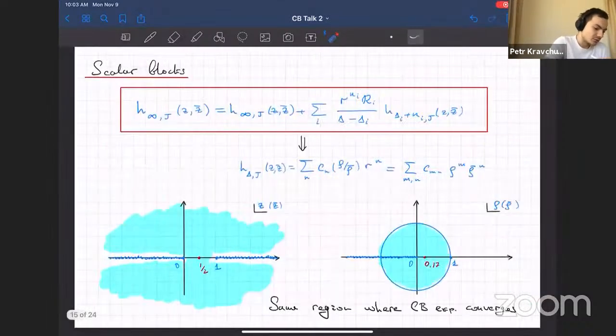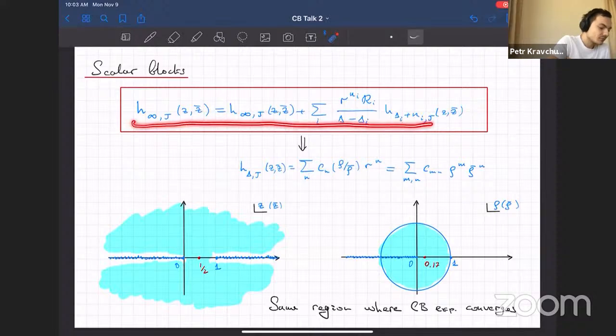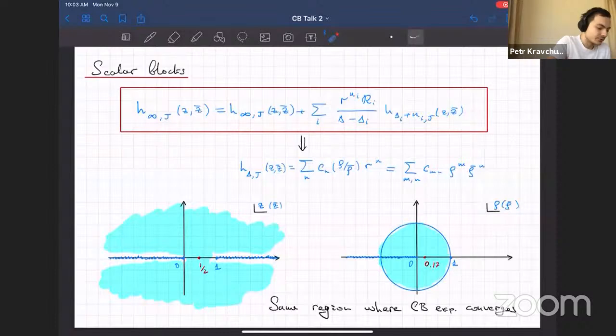And what we do is we use this expression to construct a power series expansion for h in powers of r. The way it works is that in the sum, all ni's are necessarily positive integers.